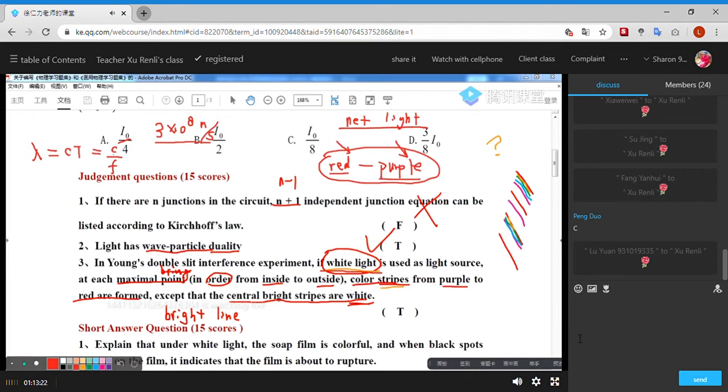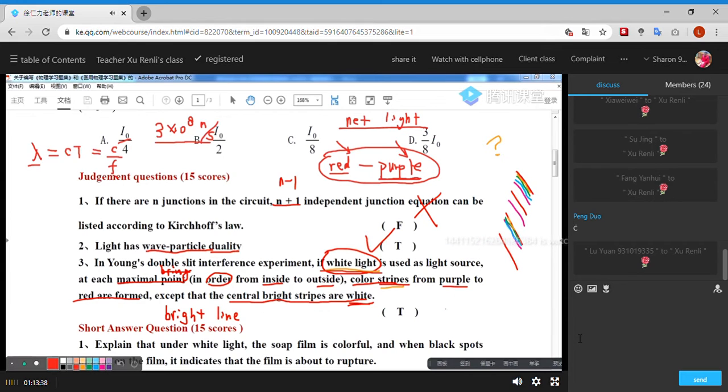So if the frequency is smaller, the wavelength is larger. Purple has a large frequency, so its wavelength is small.